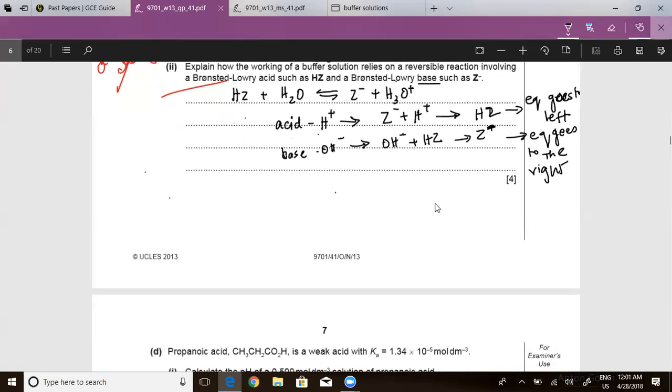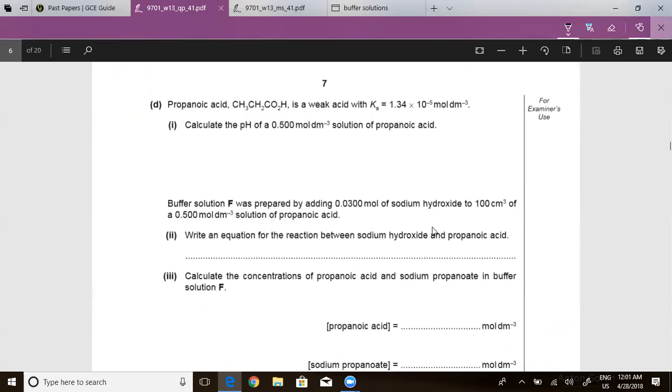Let's move on. Calculate the pH of a 0.5 mole per dm cube propanoic acid. Propanoic acid is 0.5 mole per dm cube. That means CH3CH2COOH goes to CH3CH2COO minus plus H plus.